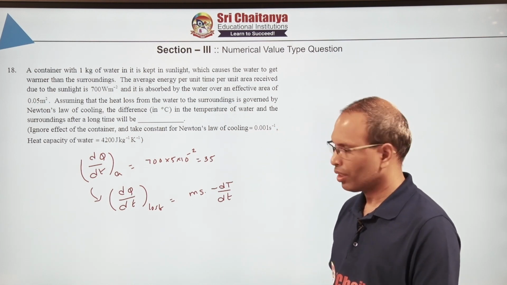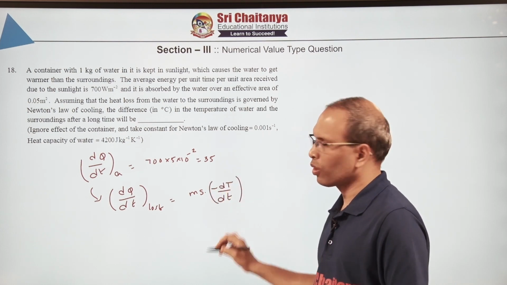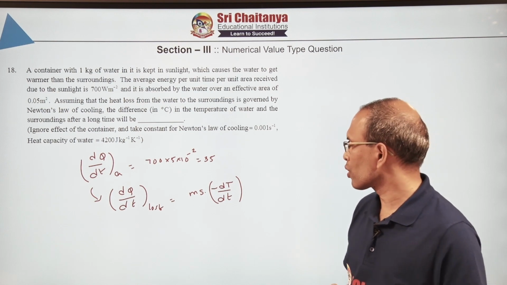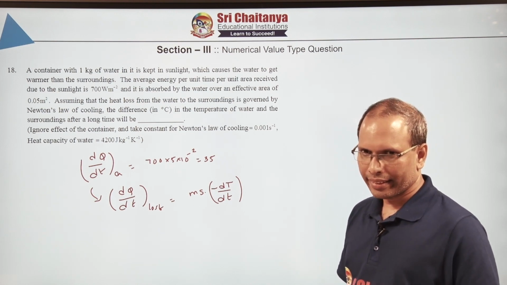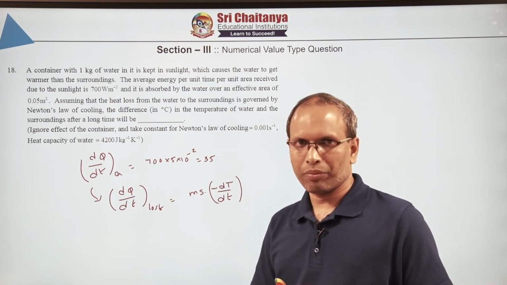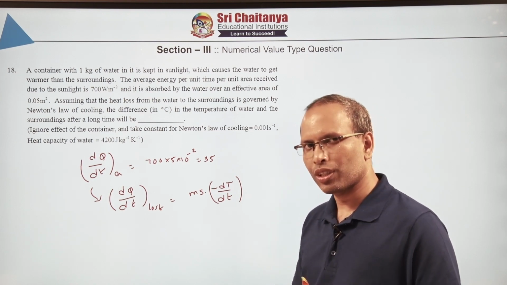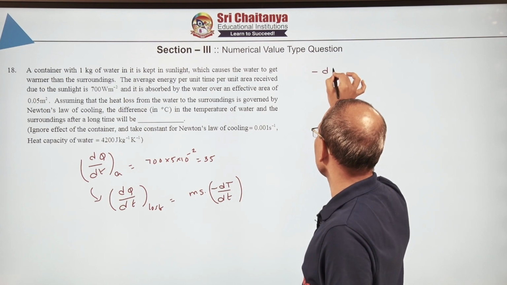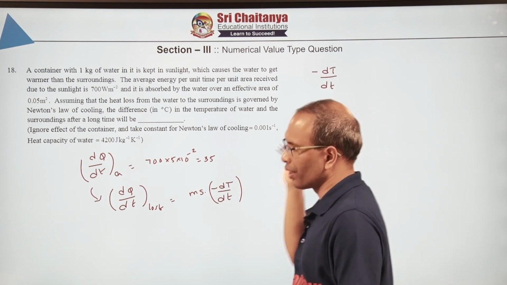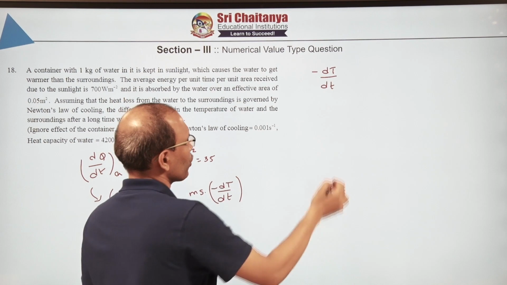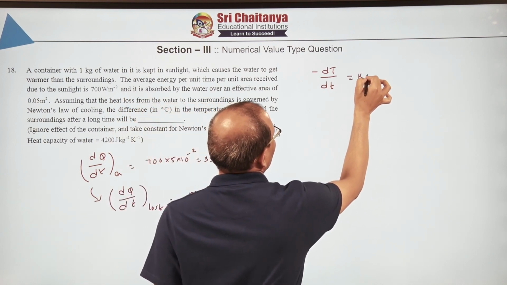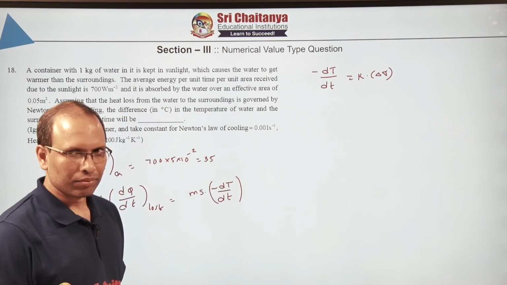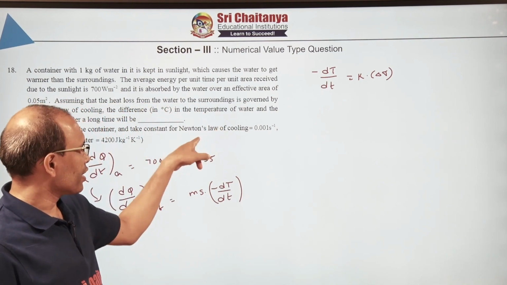Now it says to assume Newton's law of cooling to be valid. Newton's law of cooling says that the rate of decrease in temperature is directly proportional to the difference in temperatures. So the rate of cooling, minus dT by dt, is directly proportional to the temperature difference, and that constant K is also given to us.